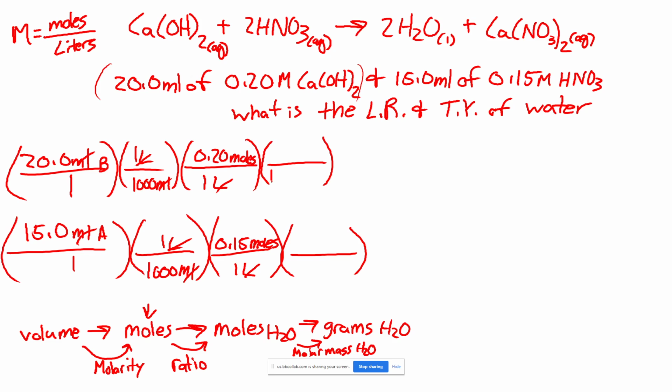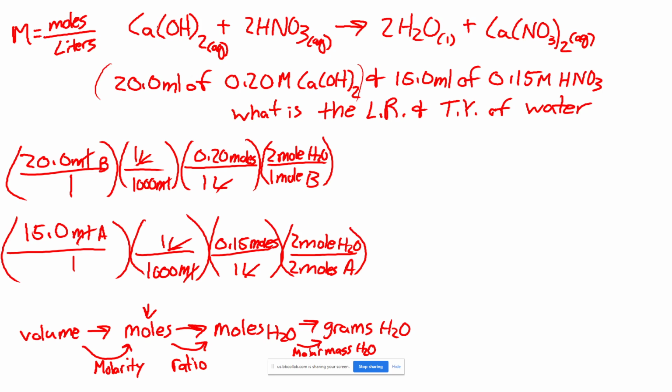So for every 1 mole of the base, there were 2 moles of water produced. For the acid, it was a 2 to 2. For every 2 moles of acid that are used up, you make 2 moles of water. Again, we're just taking those coefficients and plugging them in.